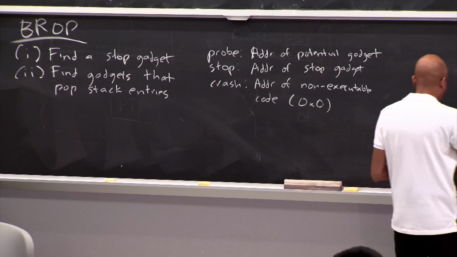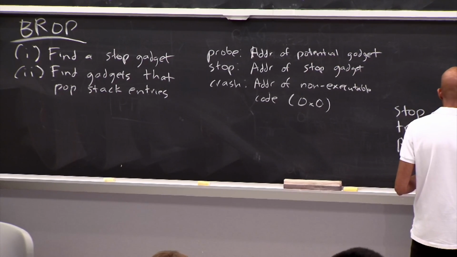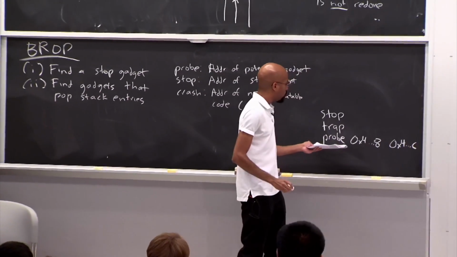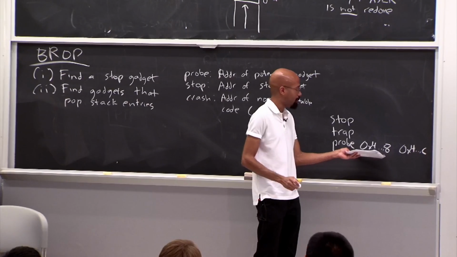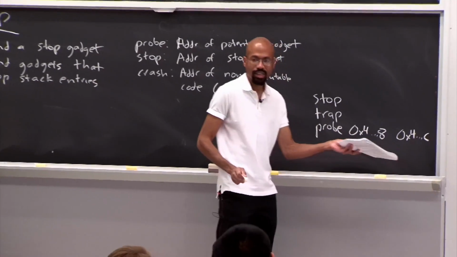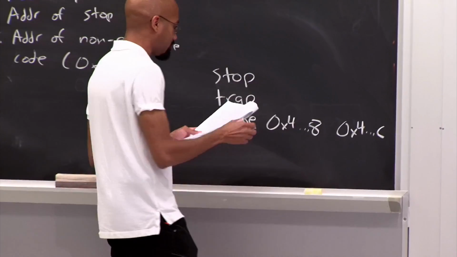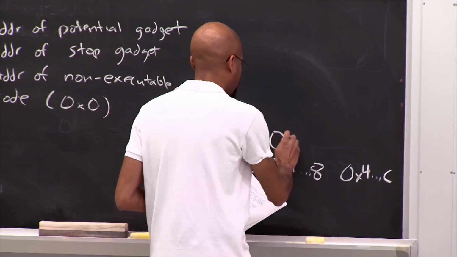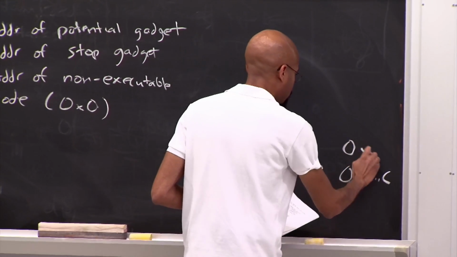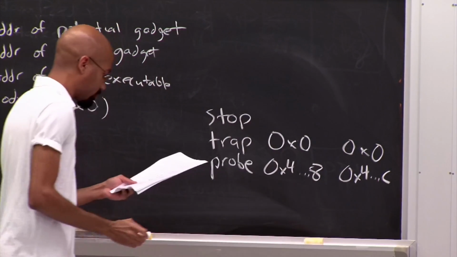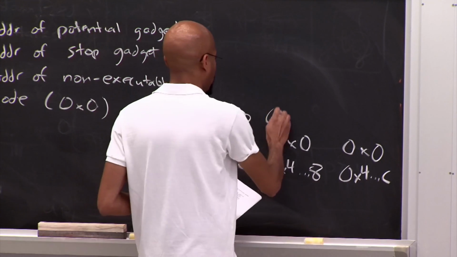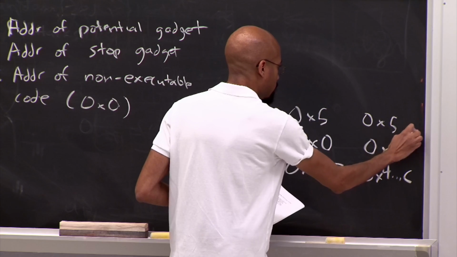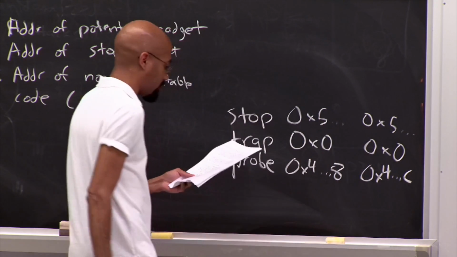Over here, let's say we look at the address that starts with a 4, ends in a C. So we're hypothesizing that maybe one of these two addresses is going to be one of these stack popping gadgets. And then let's say that the trap up here, like I said, is just going to be address 0. And then let's assume that we found some pre-existing stop gadget at some address that starts with 5, doesn't really matter.